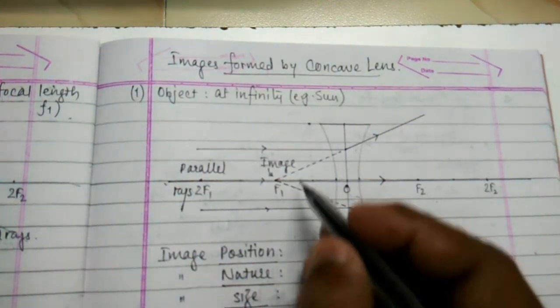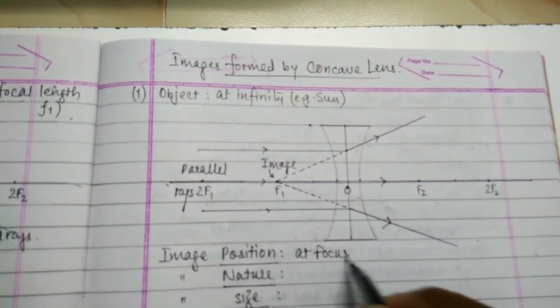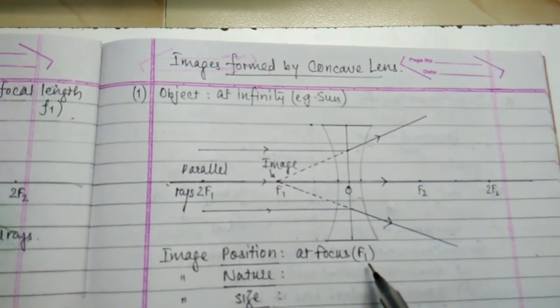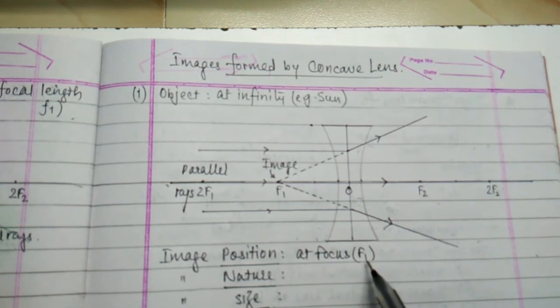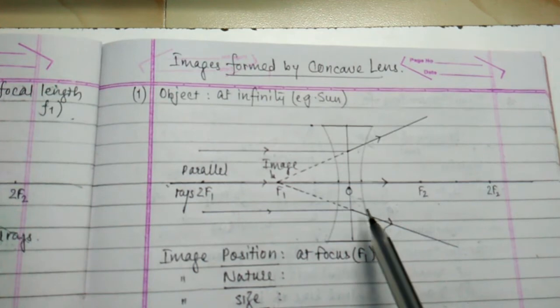So image position is at focus F1. Here F1 to F1, F2 to F2 लिखना जरूरी है, because they represent the side of the image. At what side the image is formed.